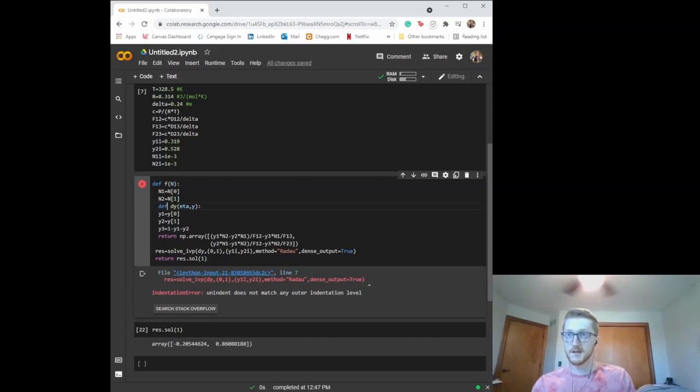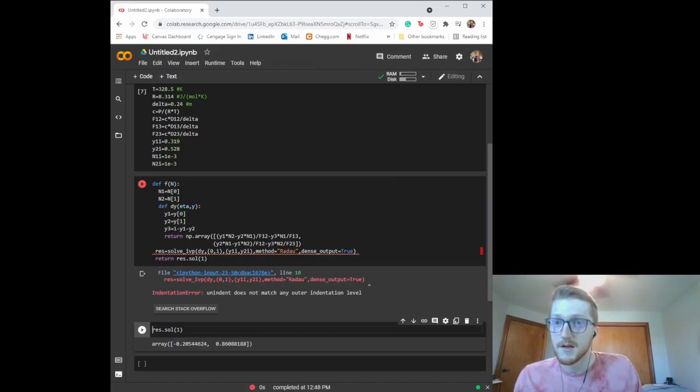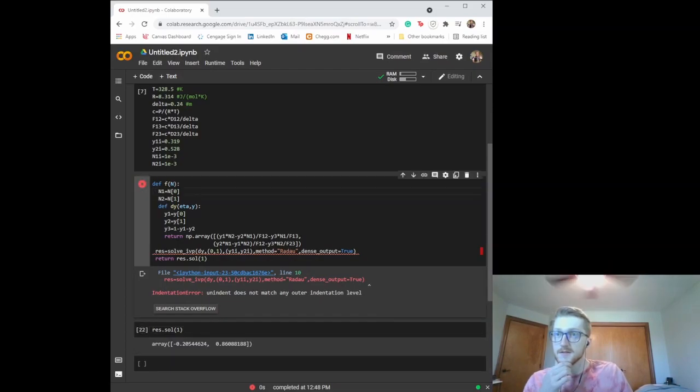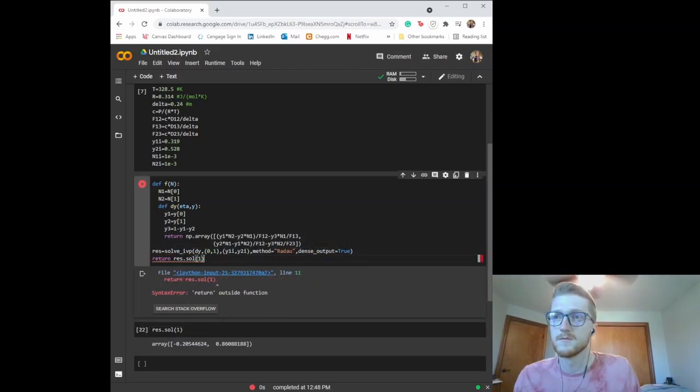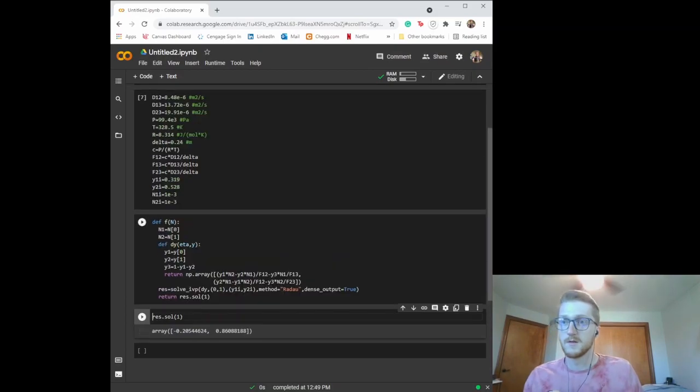And then I'm going to indent these so that it is nested within this function. That indent does not match any outer indentation level. I think these need to be indented too. Okay, sorry about that.